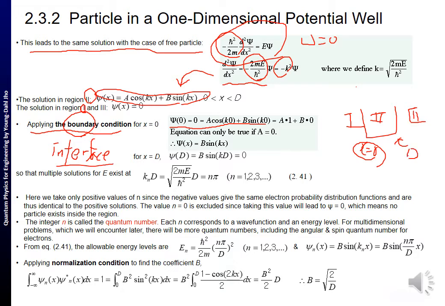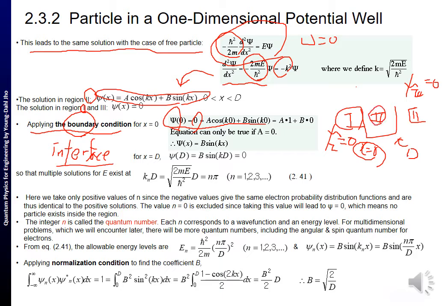At x equals 0, the wave function here was always 0, and at x equals d, and also in region 3, the wave function is 0. So in region 1 the wave function is 0.